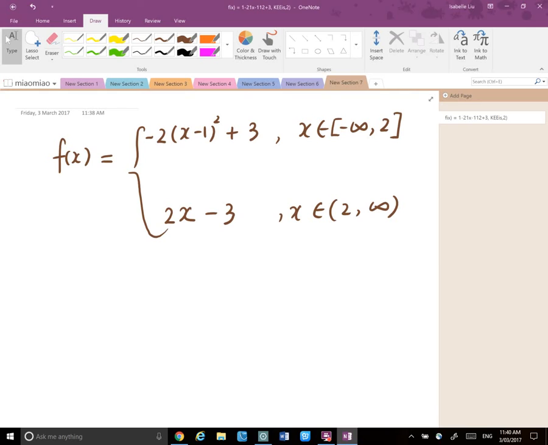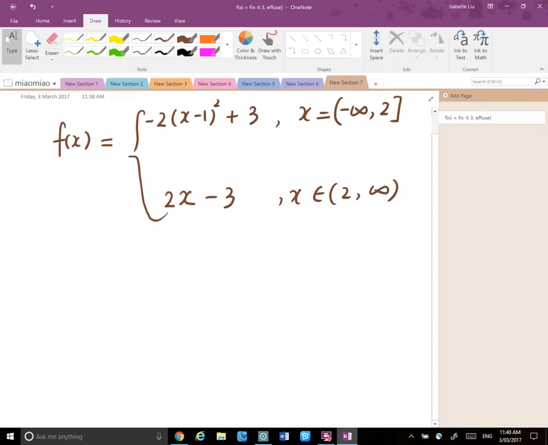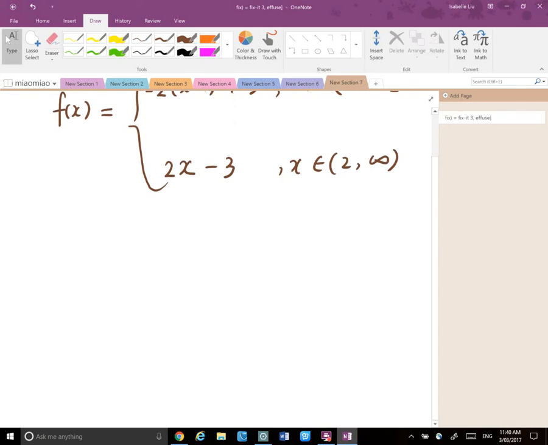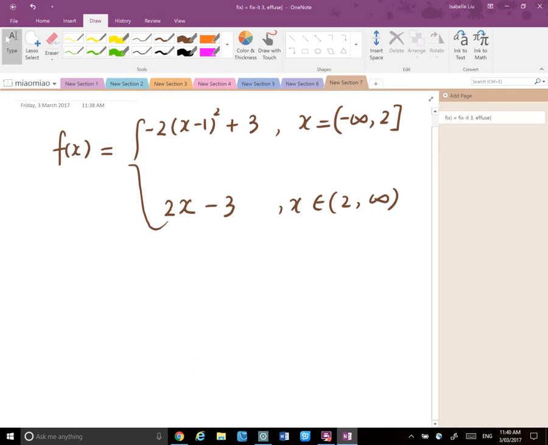Oh, that's wrong notation. Okay, so I want to sketch this. So that's a quadratic in the turning point form already, and I can find the turning point.